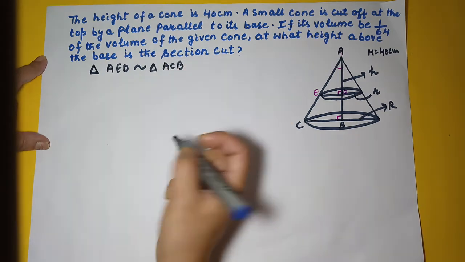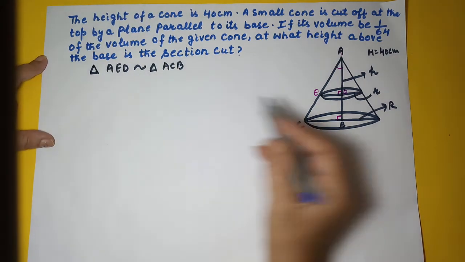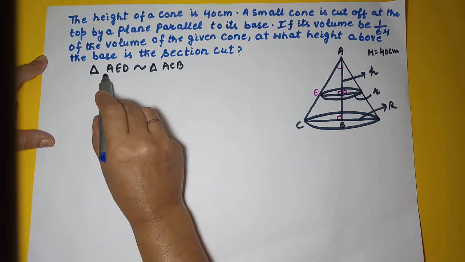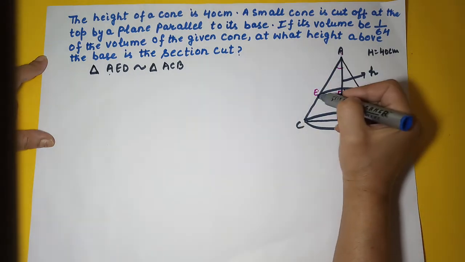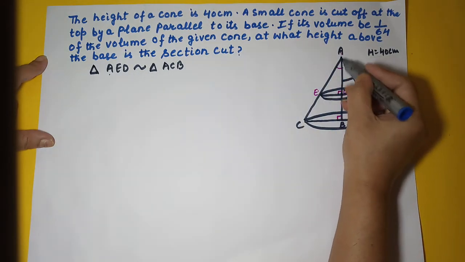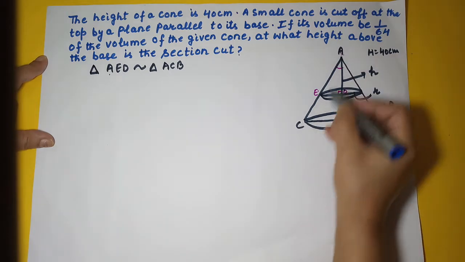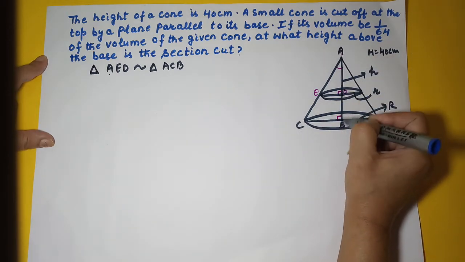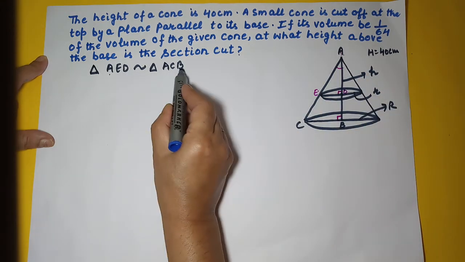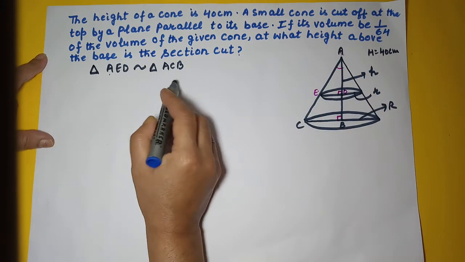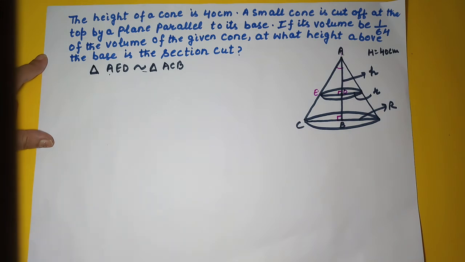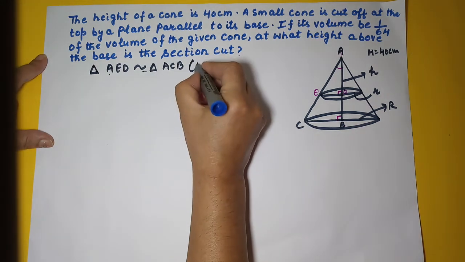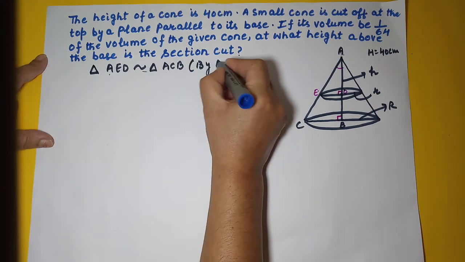These namings have to be in the perfect order, because A of this triangle, A of this triangle, E of the small triangle, and C of the big triangle, and then D and B, because both are 90 degrees. D and B should be placed in the proper order. So they are similar, right? So by AA axiom.